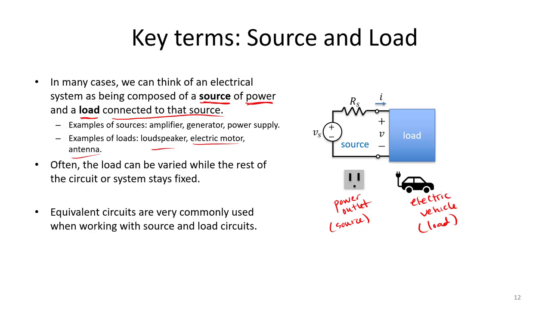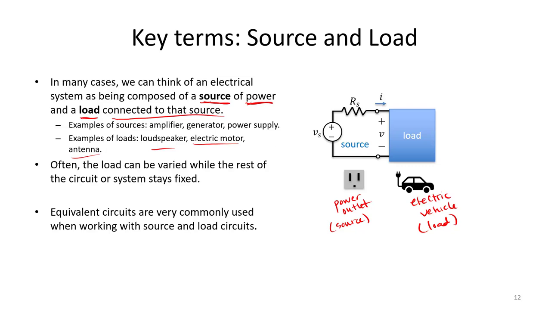And very often the load will be varied while the rest of the system stays fixed. For example, with a power outlet. Hopefully the power outlets remain standard throughout wherever you live, but depending on what you're trying to do, you might plug in your cell phone, your computer, you might plug in a kitchen appliance.